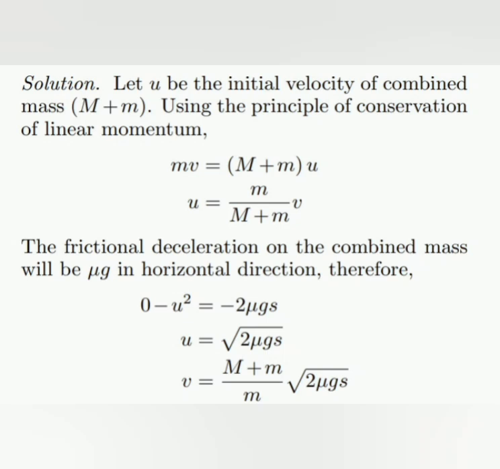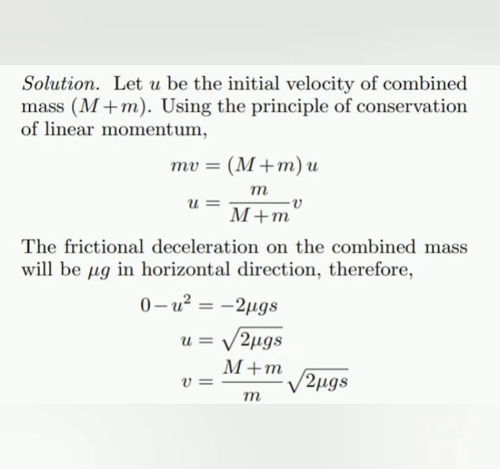So it was actually v squared minus u squared equals 2as, but it is a deceleration because the block decelerates after the collision, so it will be minus g. Finally it comes to rest, so v will be 0. So 0 minus u squared would be minus 2gs, with the negative sign for deceleration.